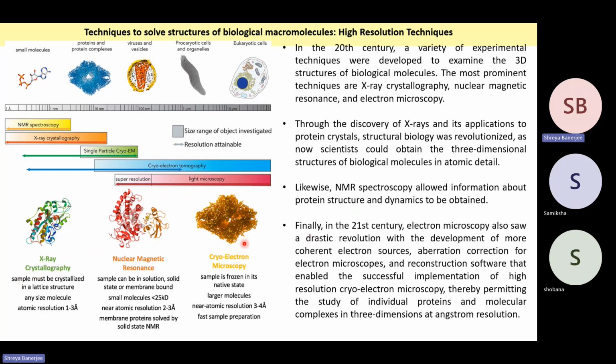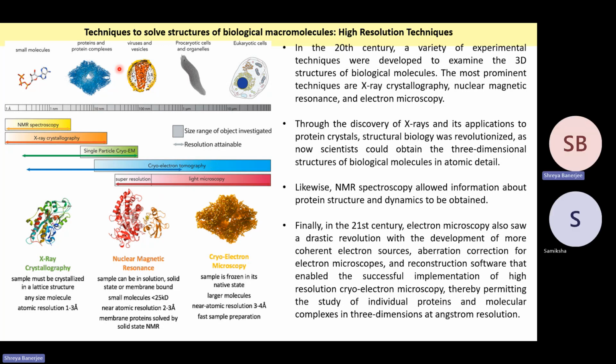So cryo-electron microscopy takes care of all these problems, and it is mostly through reconstruction software that cryo-electron microscopy gives the highest resolution in protein structure. Of course, the disadvantage is that cryo-electron microscopy cannot resolve beyond around, say, 5 nanometer, so very small proteins you cannot resolve by cryo-electron microscopy.